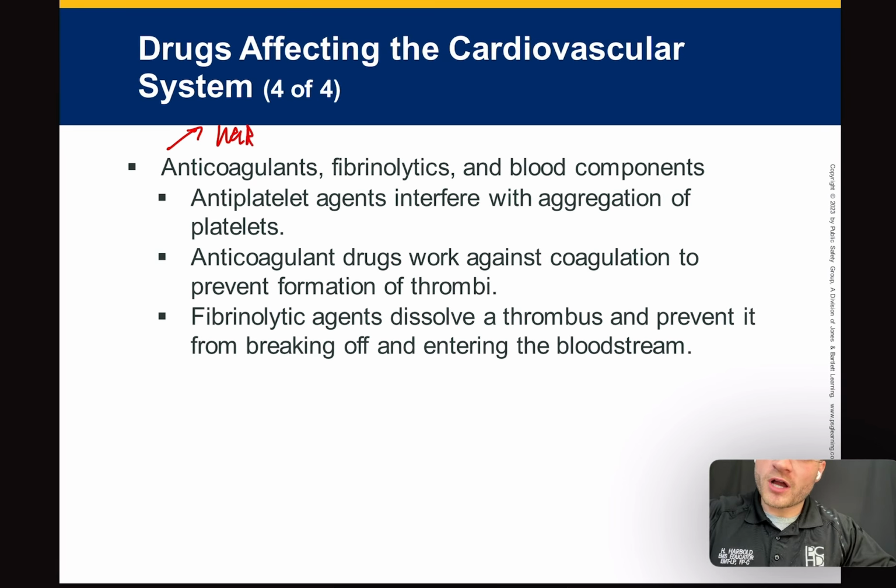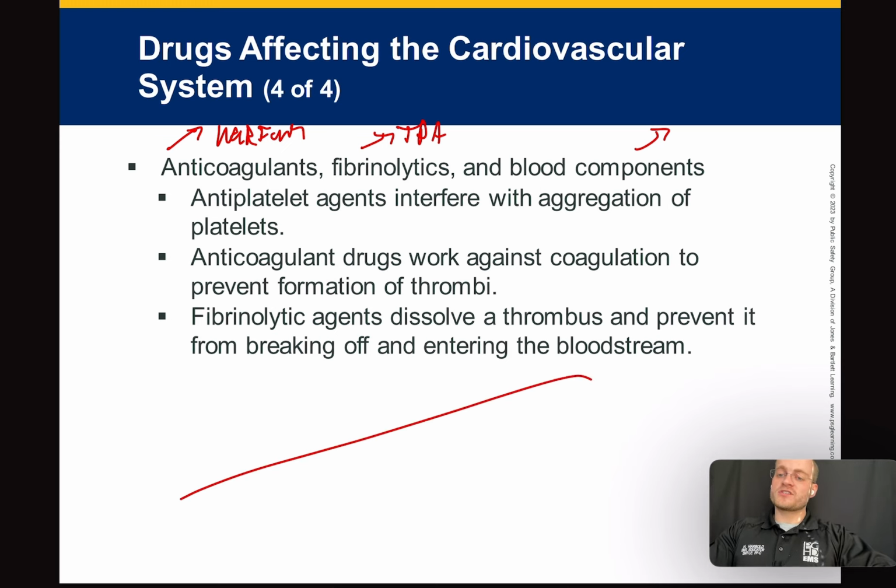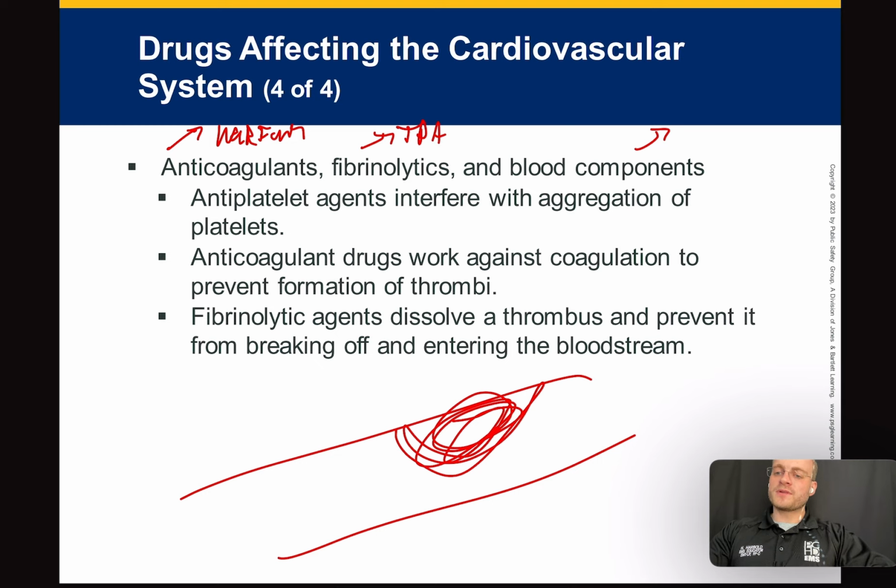Antiplatelet agents interfere with aggregation of platelets. What's an example of that? Aspirin. Aspirin interferes with platelet aggregation, okay? So what are platelets? Let's say this is a vessel, and here's a thrombus. Platelets are floating around in the blood, and they come up here and they're like, yum, blood clot, and they start attaching to it.